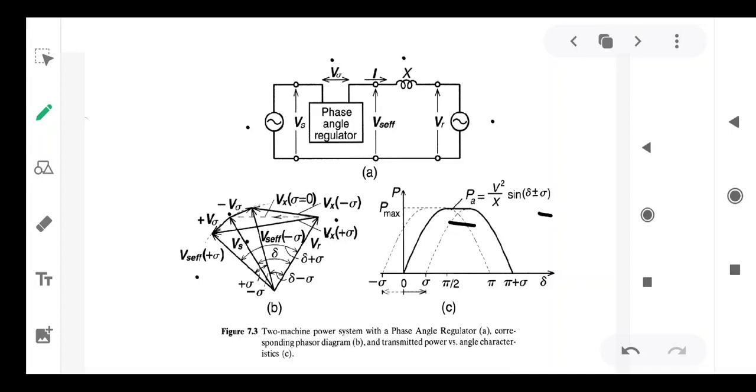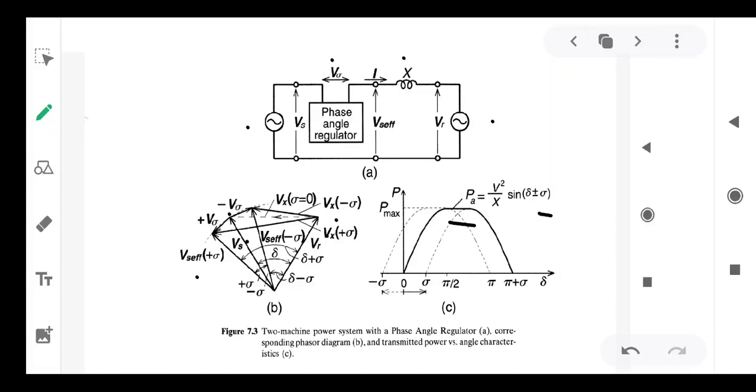Compared to the sine wave, it is a flattened sine wave at the top, so that the stability region can be enhanced with the help of phase angle regulator.